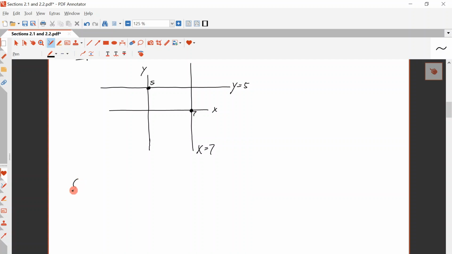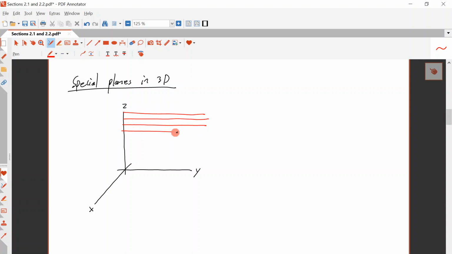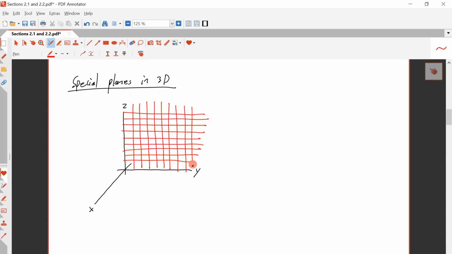In 3D, we have our x, y, and z axes. If we take these coordinates here, these points where x is equal to 0, so y and z are arbitrary and x is equal to 0, that's the collection of these points here.